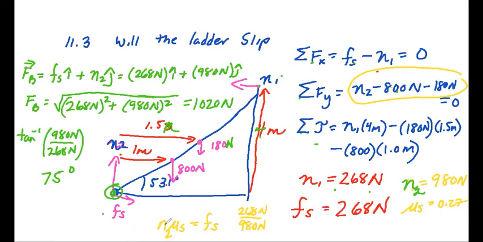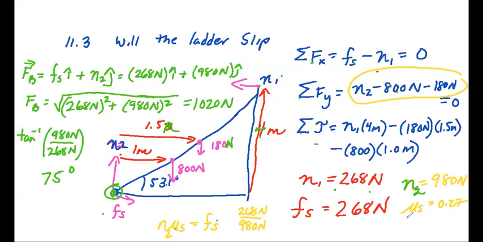So my normal force times my coefficient of static friction equals my force of static friction. To solve for mu S, I took the force of static friction divided by the normal force, and I got 0.27 for mu S.